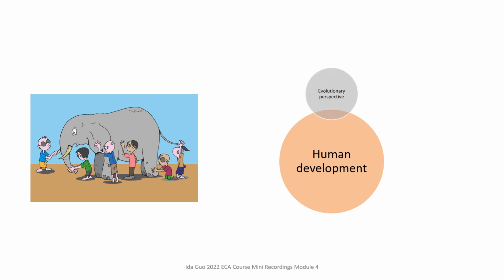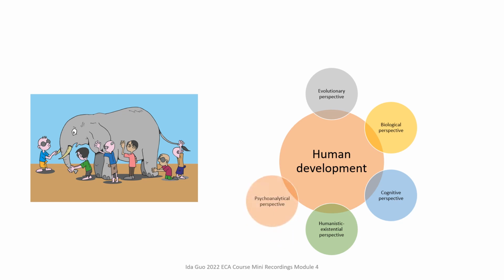So the first perspective will be the evolutionary perspective. And you should remember that we talked about Charles Darwin, the origin of species. Okay. Then we have Arnold Gesell, and we talk about the biological perspective. Then Jean Piaget, the cognitive perspective. We have Maslow, the hierarchy of needs, and that is a humanistic perspective.